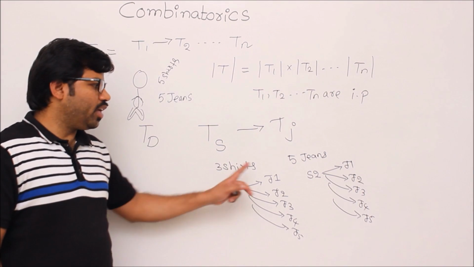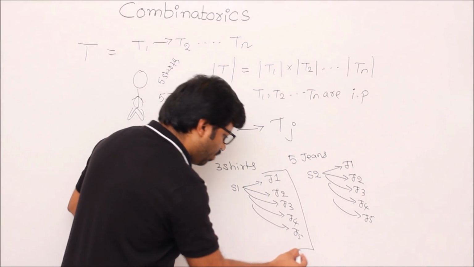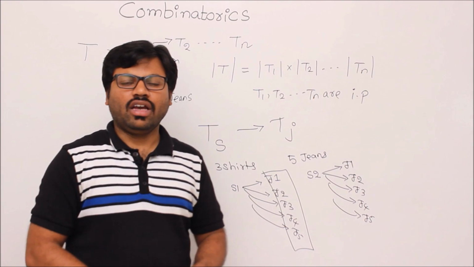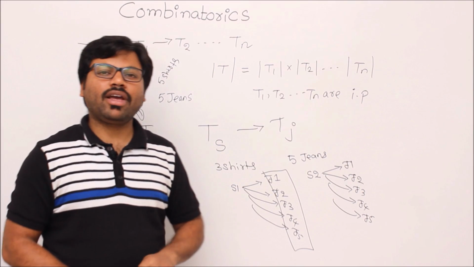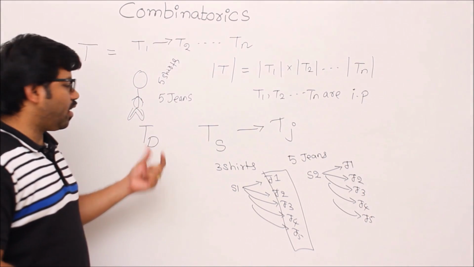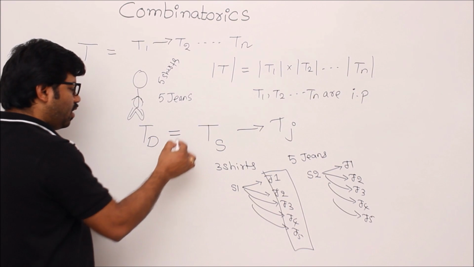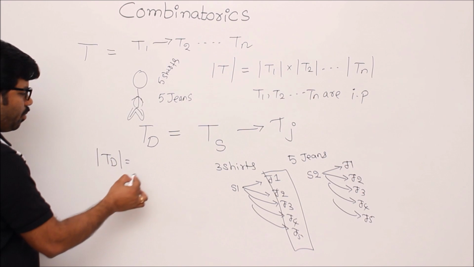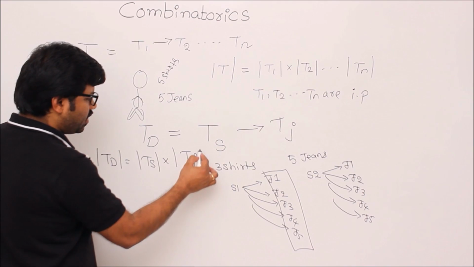Irrespective of the way of doing task number 1, if you can still do the second task in the same number of ways, we say that those kinds of tasks are independent. Whenever tasks are independent, we can always go with the product rule. We can apply the product rule to calculate the total number of ways of doing the original task. So we'll apply that now. For example, the total number of ways of wearing a dress, according to the product rule, will be the total number of ways of wearing a shirt times the total number of ways of wearing jeans.